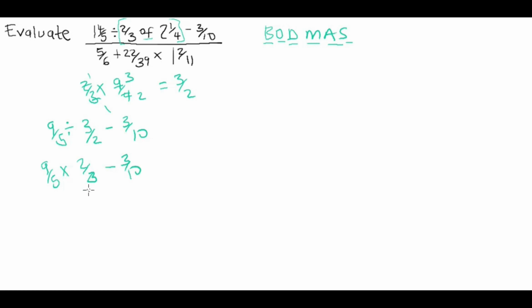So 3 goes into 9 three times, so it will be 6/5 minus 3/10. So when you work out, 10 is the LCM, 2 times 6 is 12. 10 goes into 10 one time, times 3 is 3. So 12 minus 3 is 9/10.